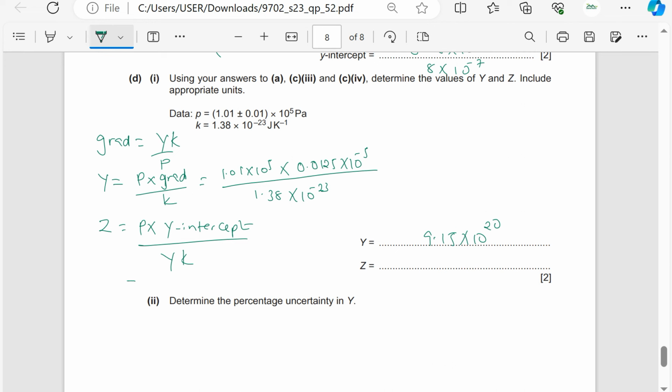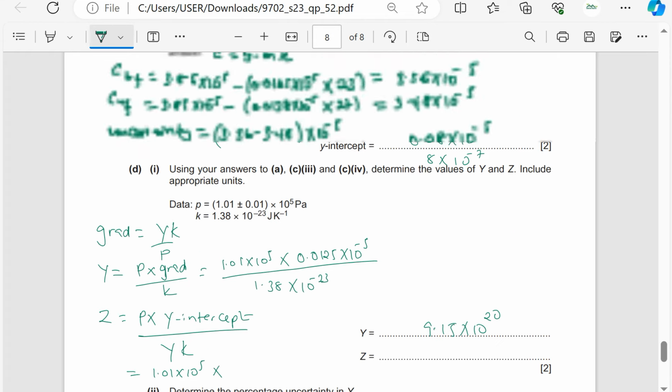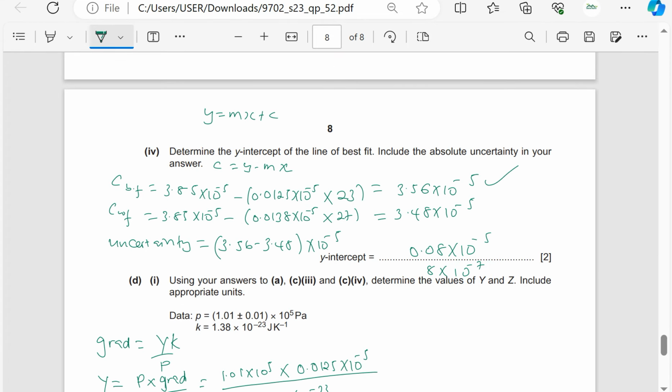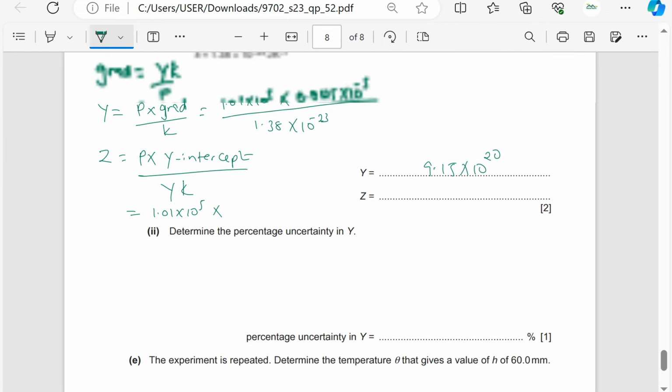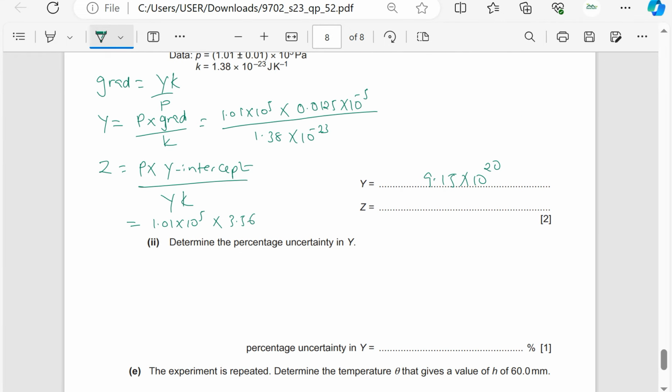So P is 1.01 times 10 to the power of 5 times the y-intercept. We take the best value, which is this one here, 3.56 times 10 to the power of minus 5, divided by the Y value, which is 9.15 times 10 to the power of 20, times the K value, which is 1.38 times 10 to the power of minus 23.